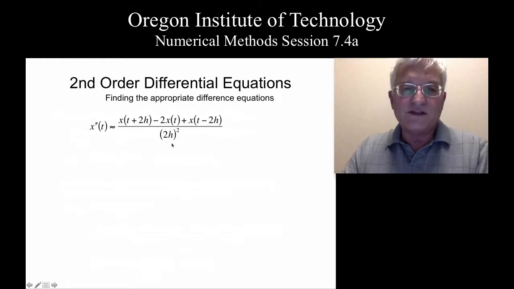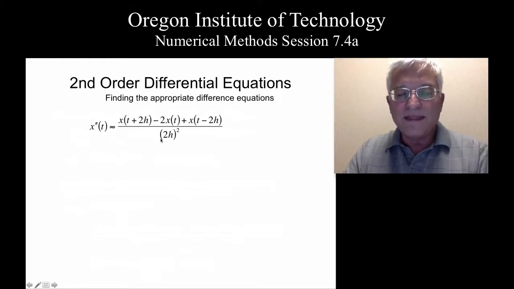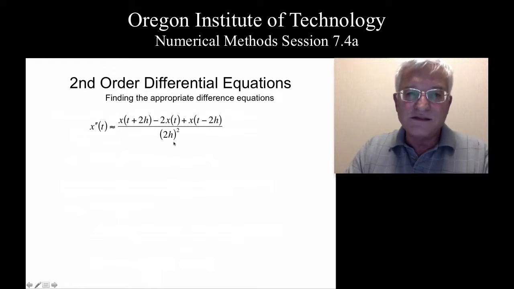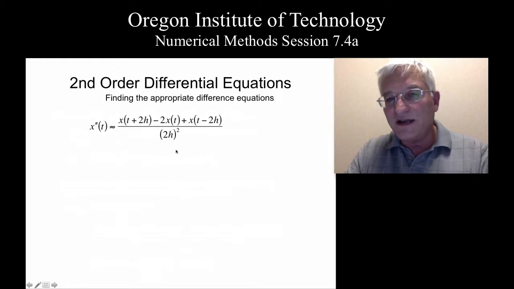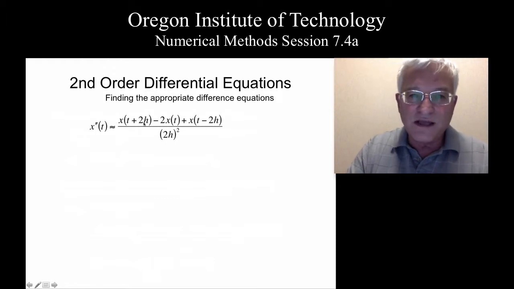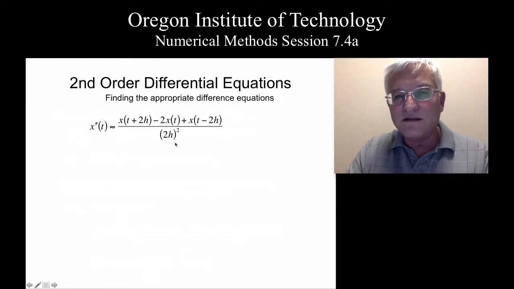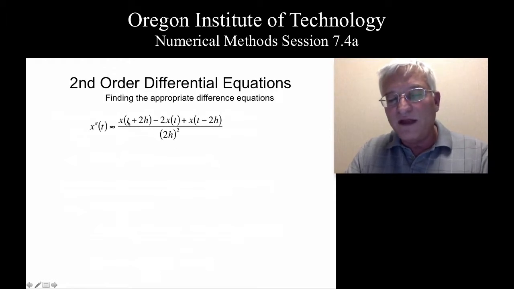Finally, looking at this, just like we did in chapter 4, since h belonged to us, we chose the h value. We could have just as easily chosen an h that was half that size, which would have made the 2h equal to what we could call h. Or you could just call 2h equal to w, or you could call it equal to something else, and you would end up with a simpler form of the solution that didn't change at all.